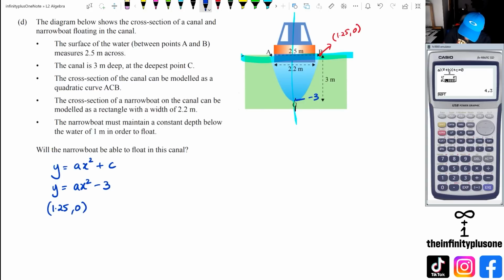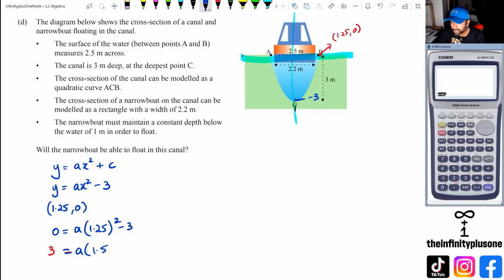So I'm going to get 0 equals a times 1.25 squared minus 3. Rearranging this, I am going to get 3 is equal to a times 1.25 squared, which is 1.5 something. Let's have a look. 1.25 squared equals 1.5625.